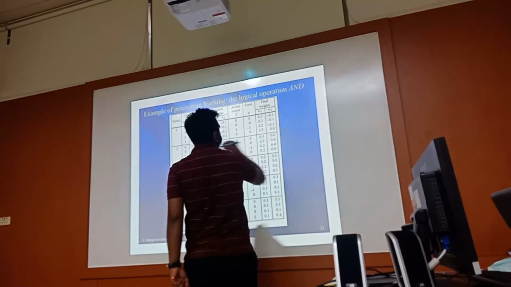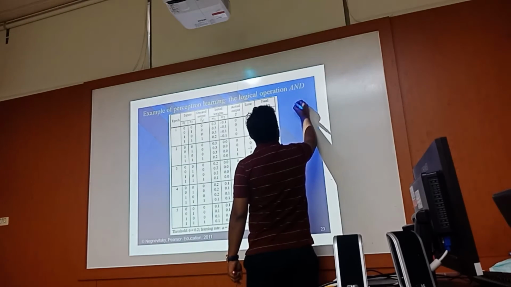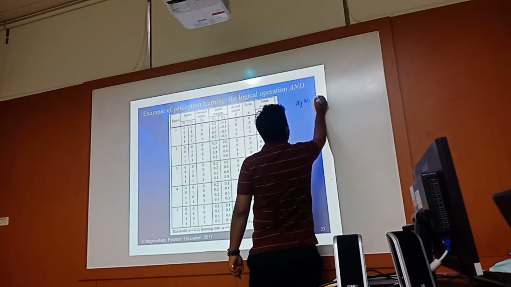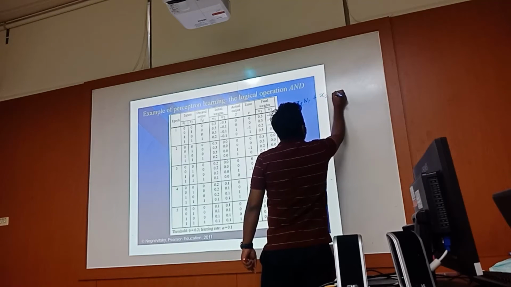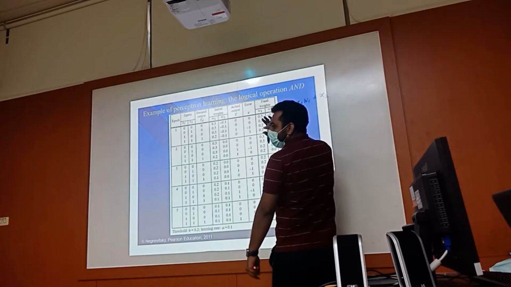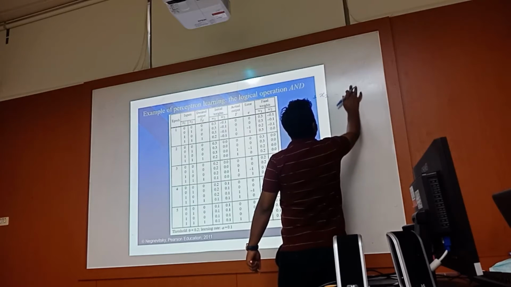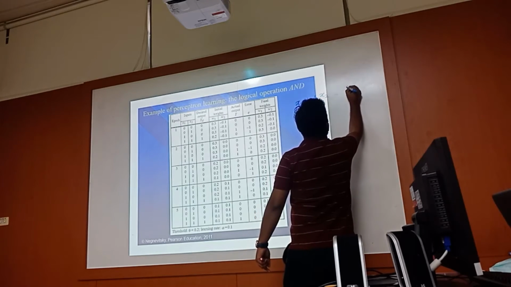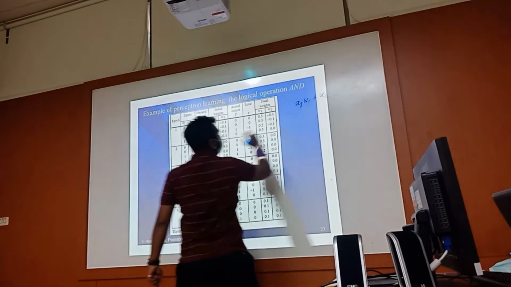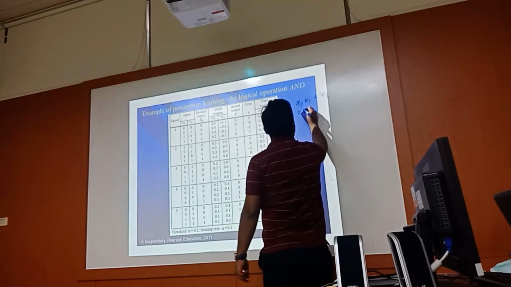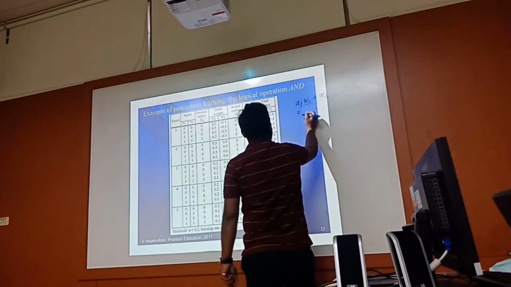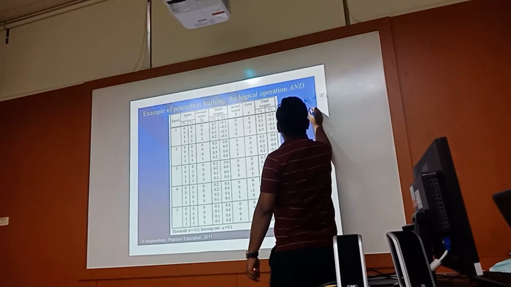Suppose the equation is x1 w1 plus x2 w2 minus theta. We put the values of x1 and x2 here. So x1 is 0, and weight 1 value is 0.3, so we put 0 into 0.3.